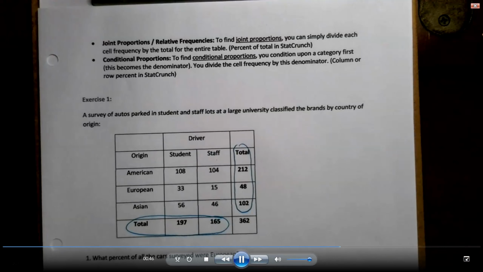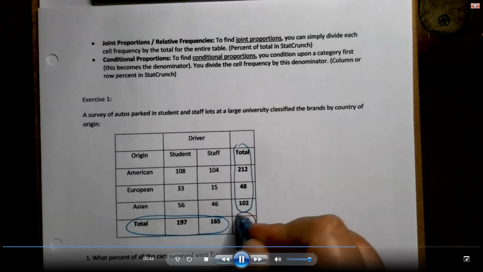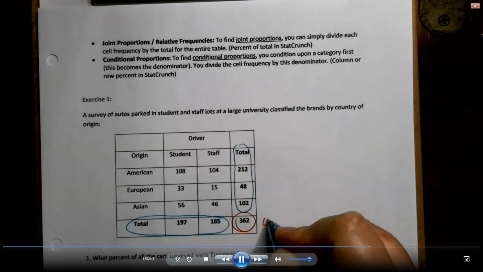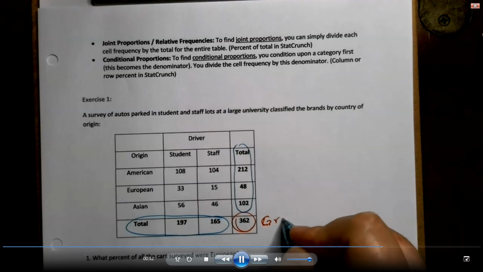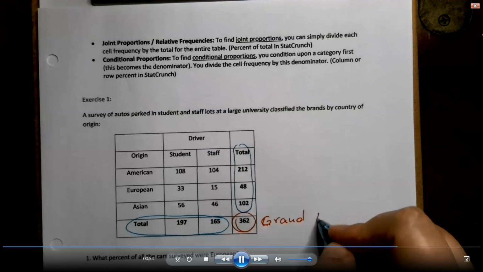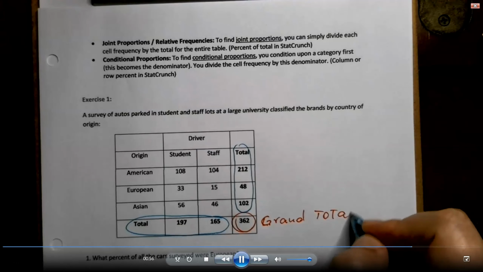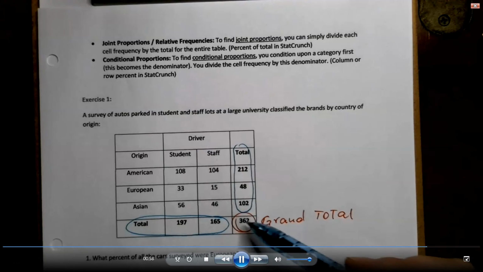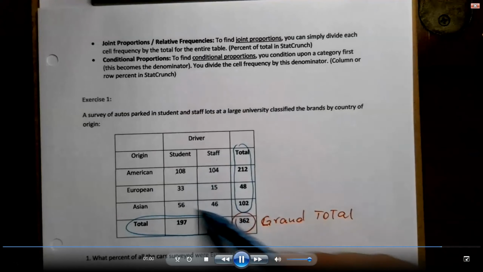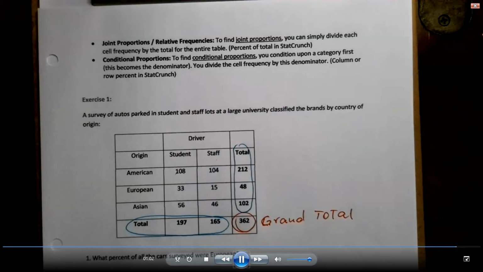And then we also have a grand total. So this is the grand total, the total for all of the drivers included in this survey.